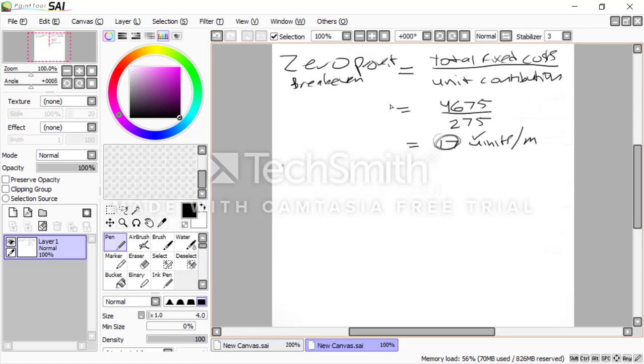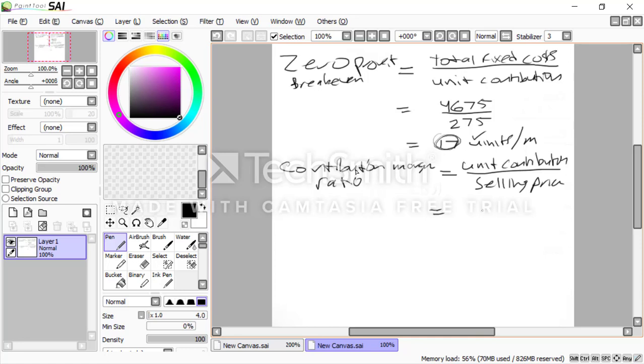Now, the next equation that I'm going to look at here is contribution margin ratio. This is equivalent to unit contribution over selling price. So that equals the unit contribution of 275 as shown before, and each job is worth $300.